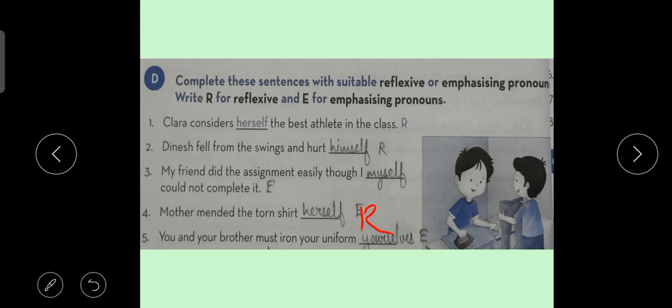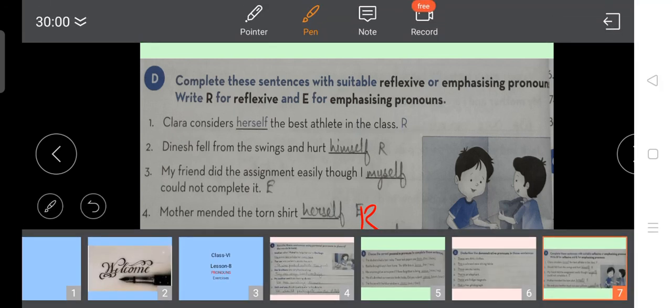Here we are talking about you and your brother. So sentence number 5 consists of the word which is a reflexive pronoun. So we will write R after this sentence.